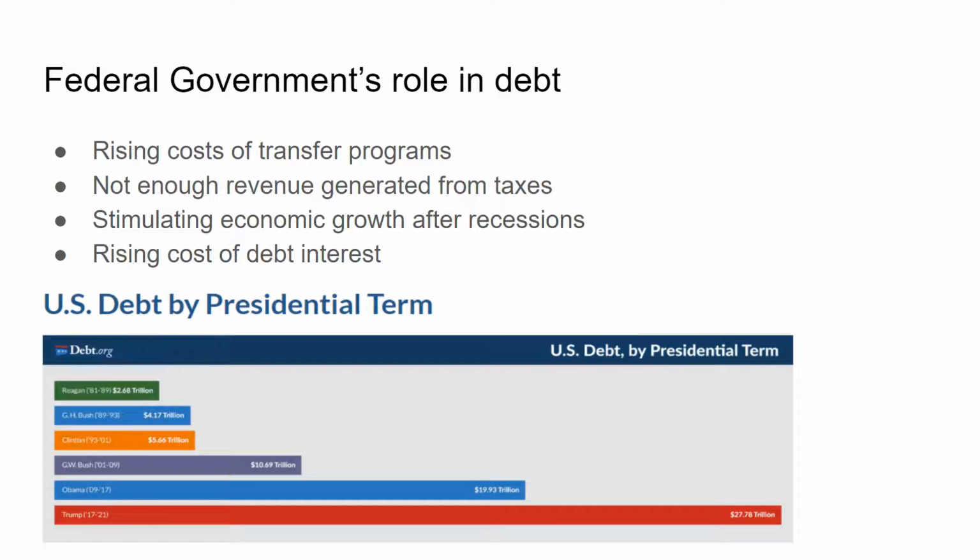Another role the government plays in the national debt is with its fiscal policy, attempting to stimulate the economy when it is in a recession. As shown by the graph from debt.org, during the last three presidencies, we have seen a drastic increase in the debt.